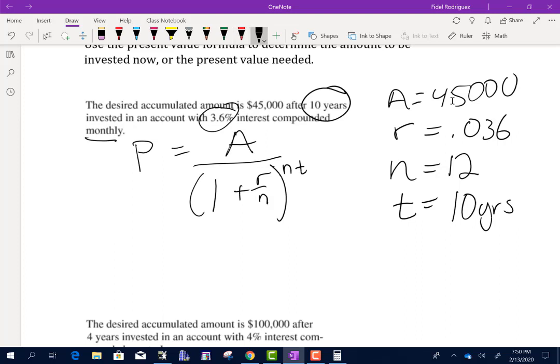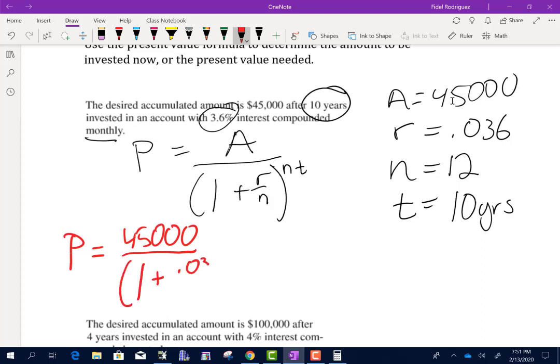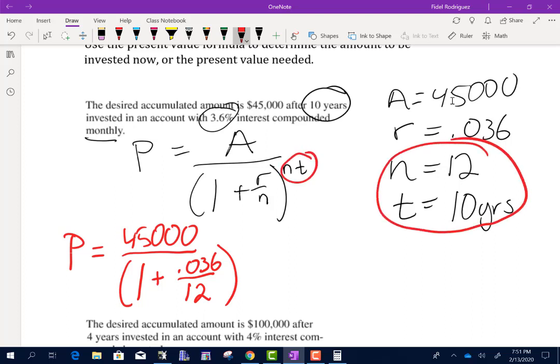So just like we did before, I'm going to fill in my blanks. We want to have 45,000. Okay. 1 plus 0.036 over 12 raised to the power. Remember what we're going to do with these numbers. We're going to multiply them. So 12 times 10 should give me 120.